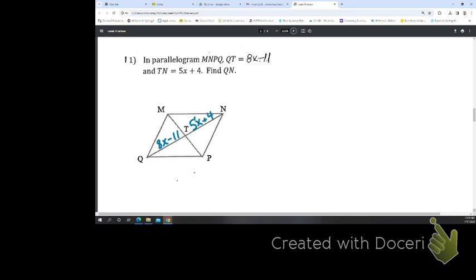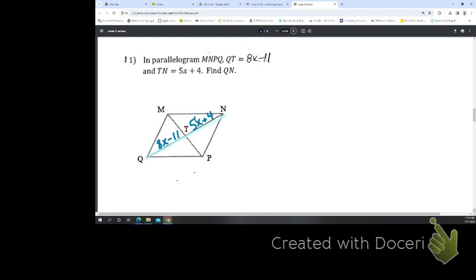We are asked to find QN. But before we can find QN, we need to find x. So what is the relationship between QT and TN? They're the same. They're equal.